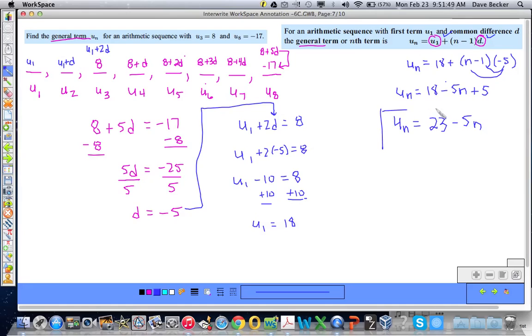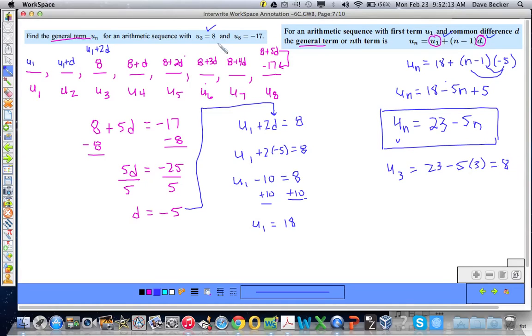So that is the general term, and we can check it real quick if we want to, because they say that the third term is 8. So is u sub 3 equal to 23 minus 5 times 3? U sub 3 would equal 23 minus 5 times 3, and that does equal 8.